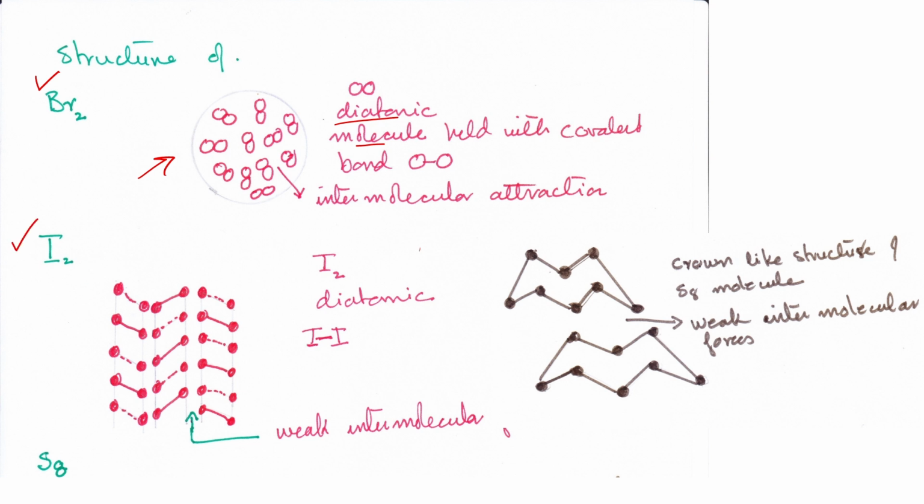I have drawn the structure of iodine, diatomic, and in between I have shown weak intermolecular forces. Then we have sulfur. It exists as an S8 molecule in a crown-like structure. You can see that in one molecule we have 8 sulfur atoms, and the molecules are attracted by weak intermolecular forces between them.